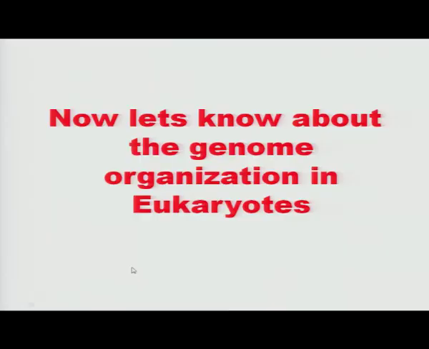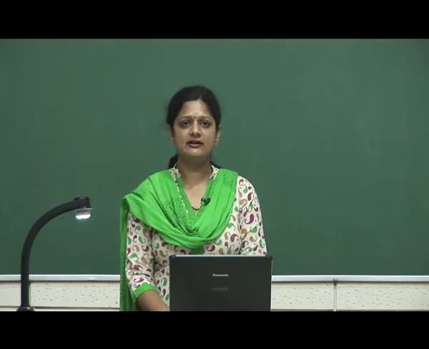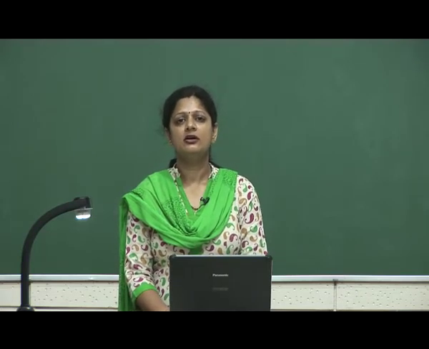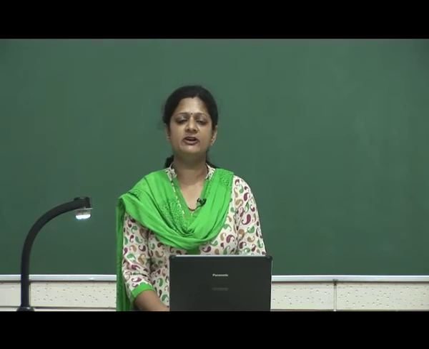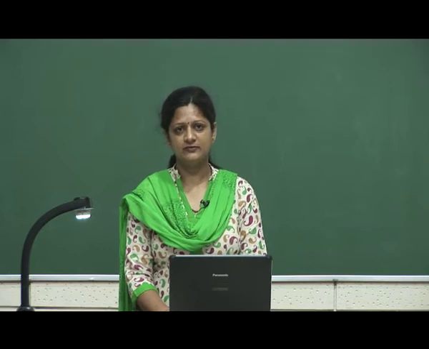Now, let us learn about the genome organization in eukaryotes. Do you know what eukaryotes are? Yes, eu means true and karyote means nucleus. So, all those living organisms which have a true nucleus, with a nuclear membrane enclosing the genetic material, are considered eukaryotes.